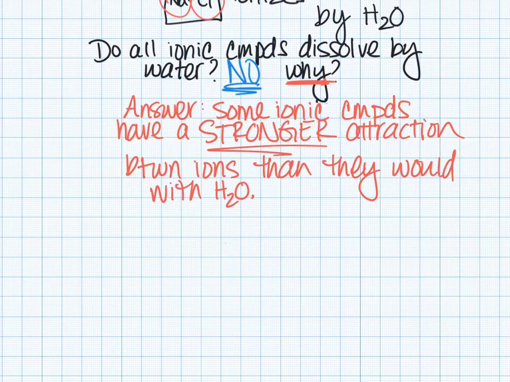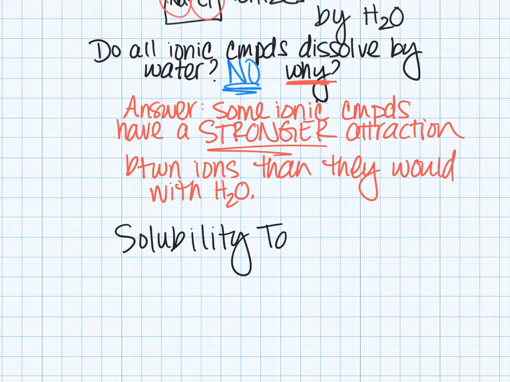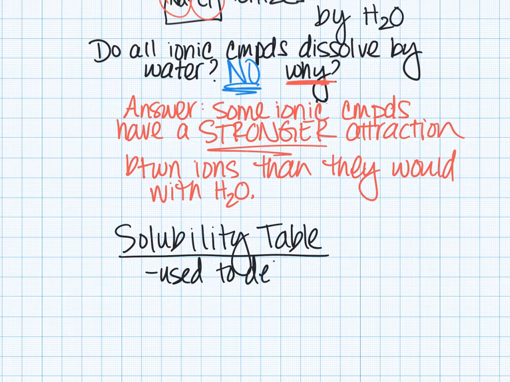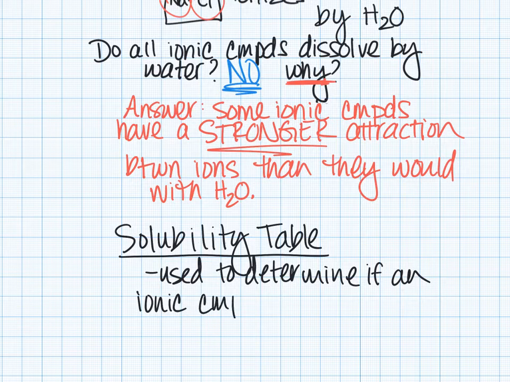So how can you predict this? Well, you would actually have to do some testing. That is what we have the solubility chart for. So the solubility chart, or the solubility table, is used to determine if an ionic compound is soluble.